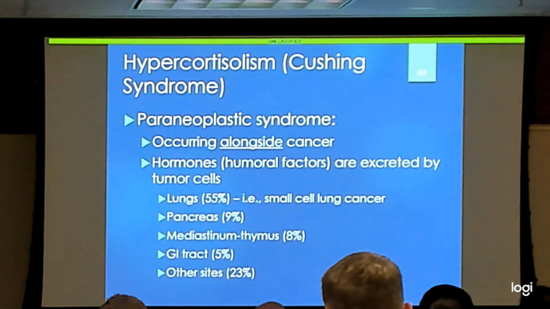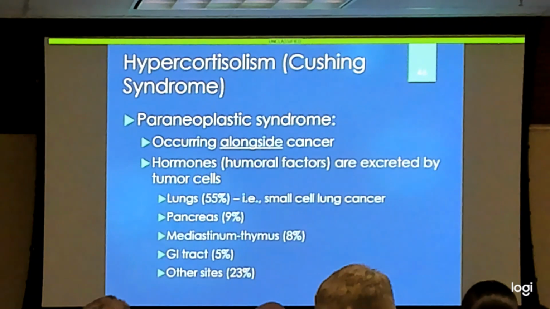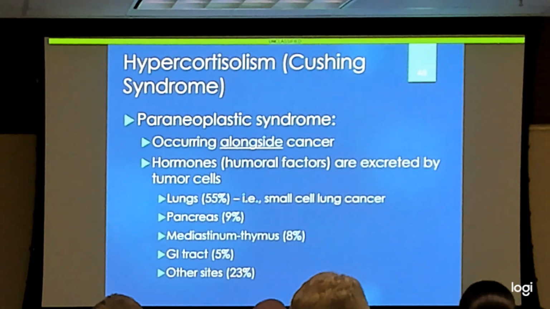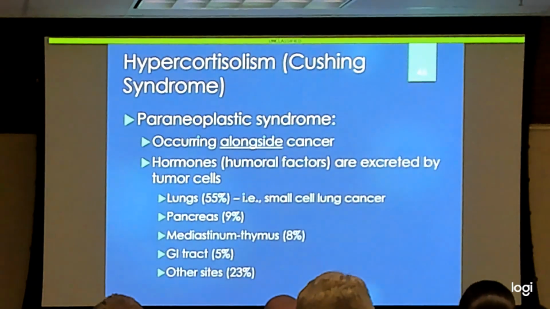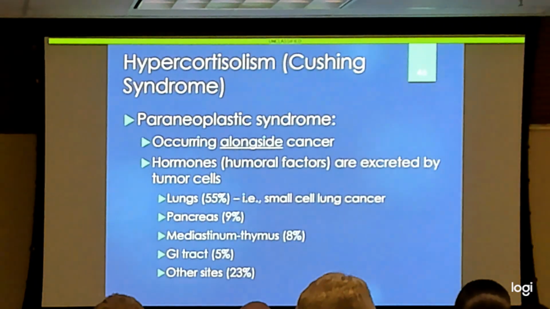All right. So these are some other examples of paraneoplastic syndrome. So it's stuff that's being secreted from someplace it shouldn't be secreted from. So one of those weird things, whoever figured this out, way smarter than me, occurring alongside the hormones, so secreted by the tumor cells. So one of the most common ones, we talked about it with SIADH, but lungs, especially small cell lung cancer, again, secretes cortisol.